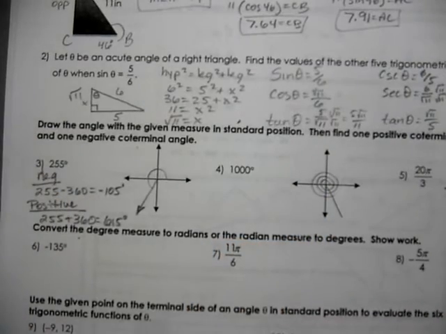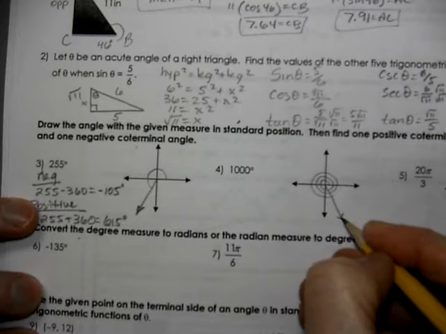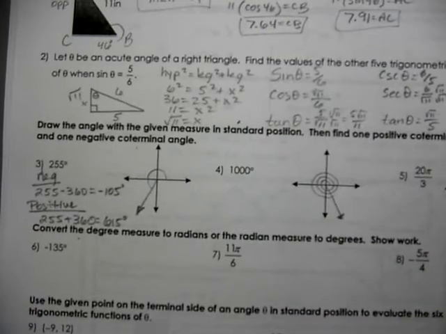You got 10 extra degrees. So that's 1,000. Now, what's another positive angle that would land in the same spot?